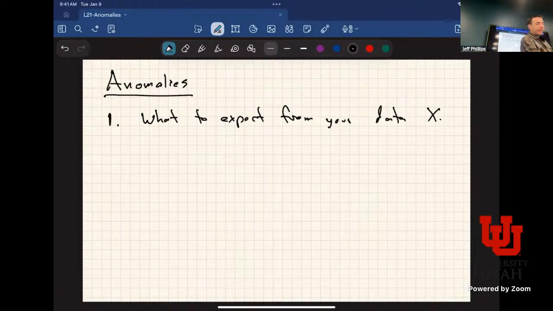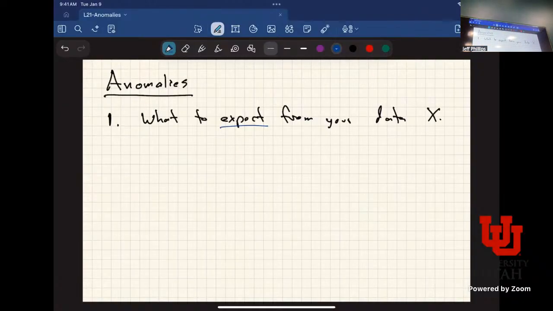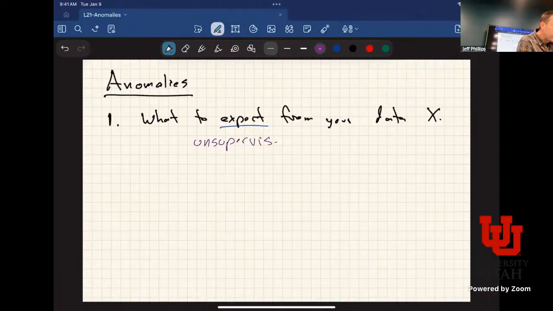This is stated fairly generally, right? What to expect from your data. It's intentionally stated pretty generally. We are in the unsupervised realm here, so we do not have labels on the data.